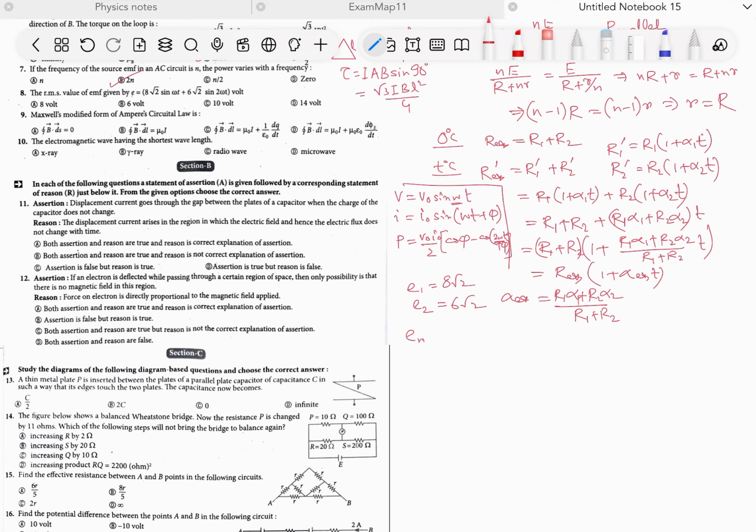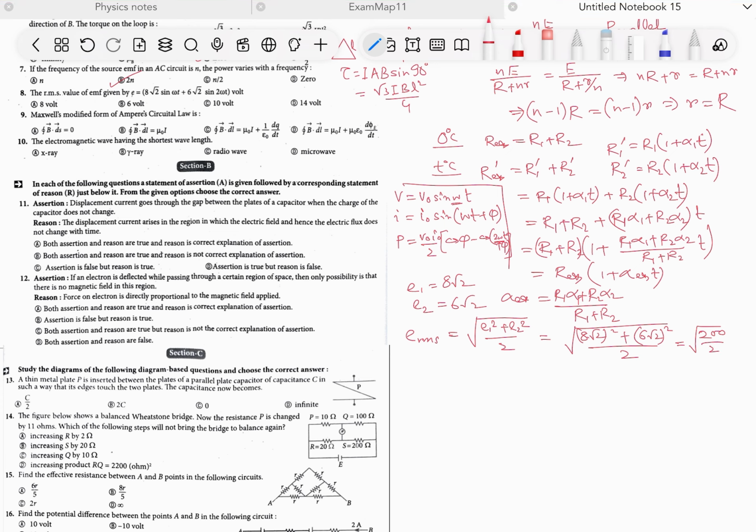Then E RMS will be root over of (E1 square plus E2 square) by 2. So that means it is (8 root 2) whole square plus (6 root 2) whole square by 2. That means 64 into 2 means 128 plus 72 means 200.